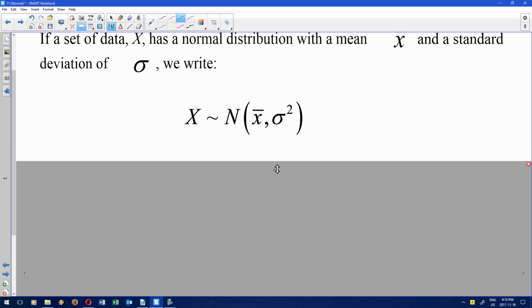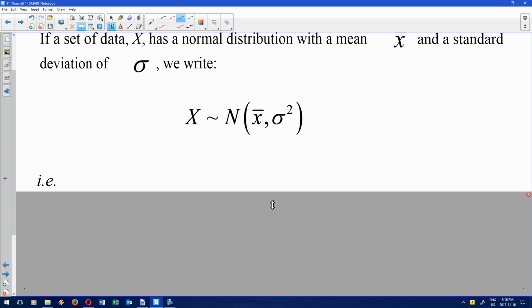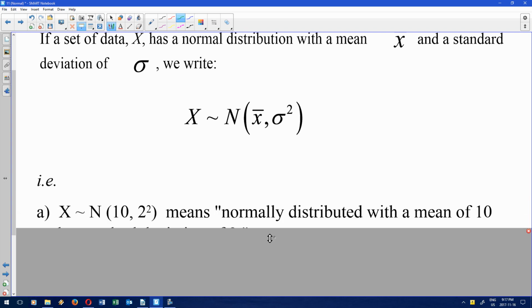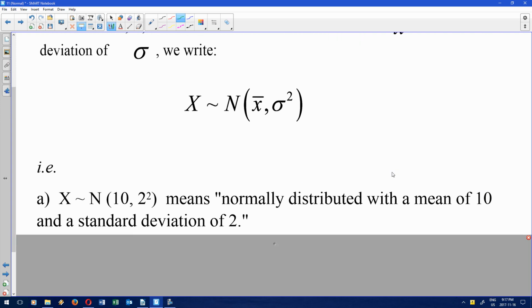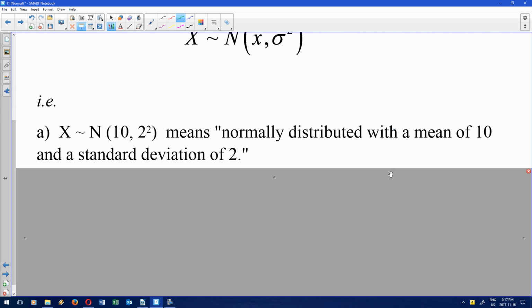So for example, if you're reading this or you see it in some literature in your textbook, something like this, x is N(10, 2 squared). That means you have a normally distributed set of data with a mean of 10 and a standard deviation of 2.